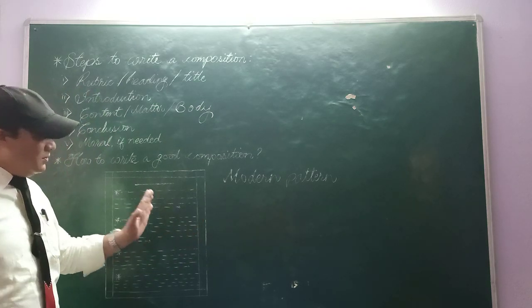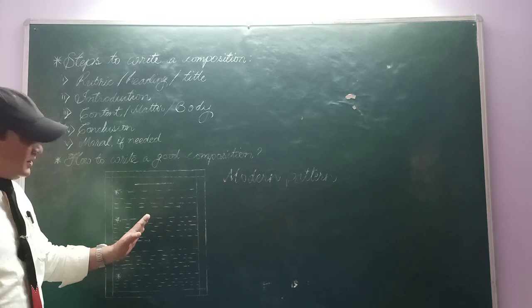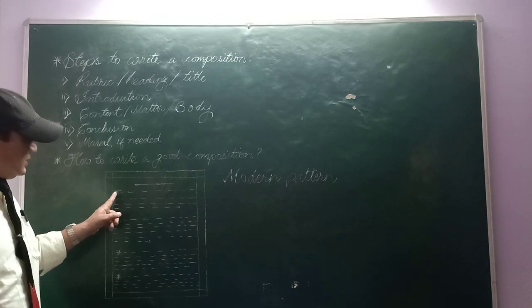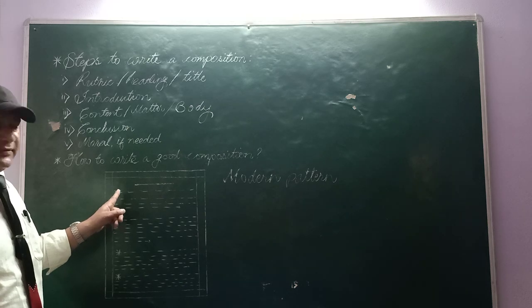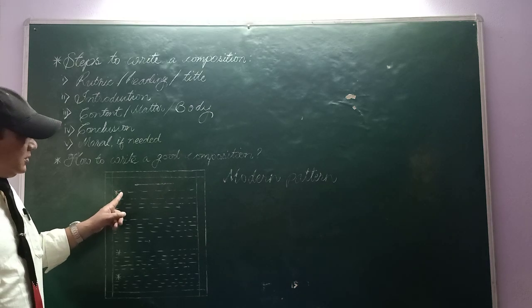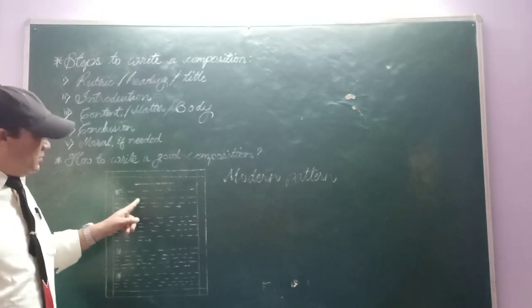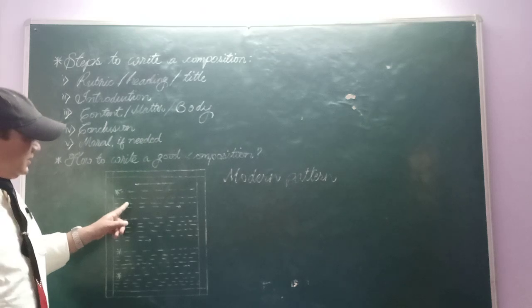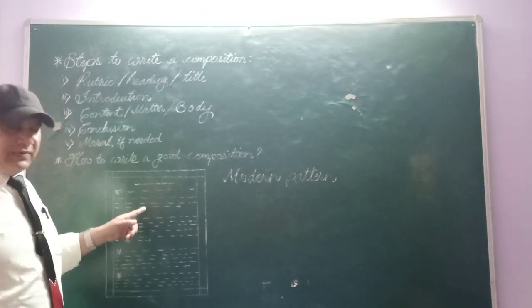Now we are in the modern pattern, and in the modern pattern, see the difference. We begin our composition slightly away from the margin, right? When you go on, we come to the next line of the paragraph, and in this way, a number of lines are required.